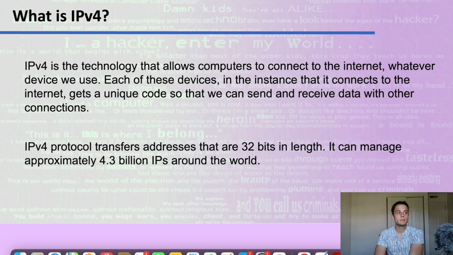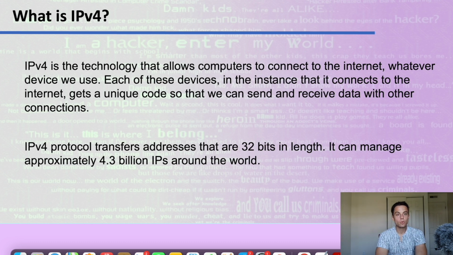Now let's talk about the different IP address types, and we're going to start with IPv4. The base idea behind IPv4 is to allow computers to connect to the internet regardless of what device we use. Each device that is connected to the internet gets a unique code that can be used to receive data from other connections.